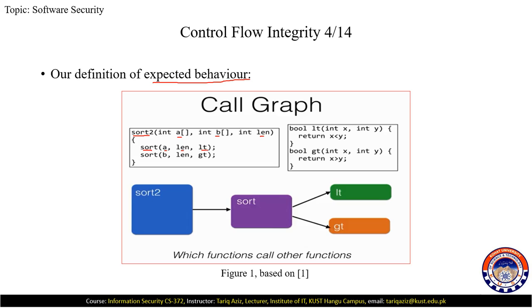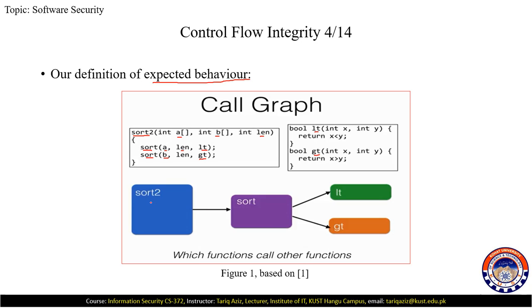which is known as LT. Then we call the sort function again with the arguments, and this time it calls another function known as GT. The LT function arranges the elements of the array in ascending order, and the GT function arranges the elements of the array in descending order.